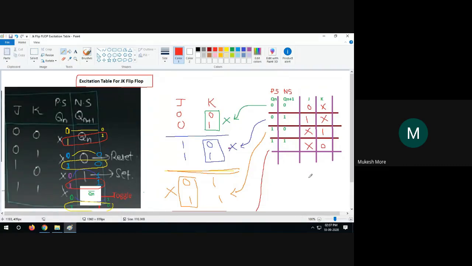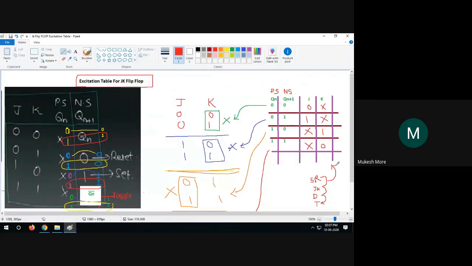For example, we have SR, JK, D, and T flip-flops. Okay, so convert SR to JK, JK to D, and D to T flip-flop. We need such a type of table, and this table is called the excitation table.